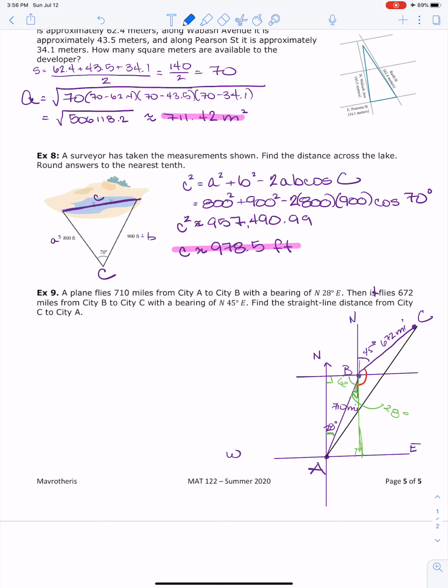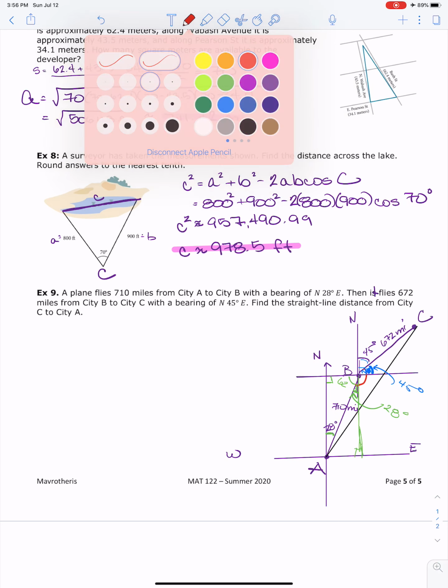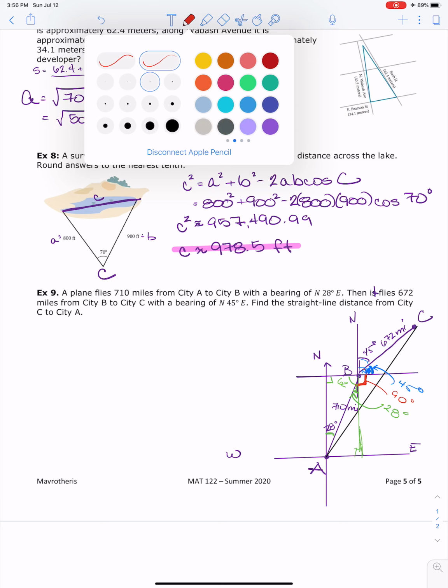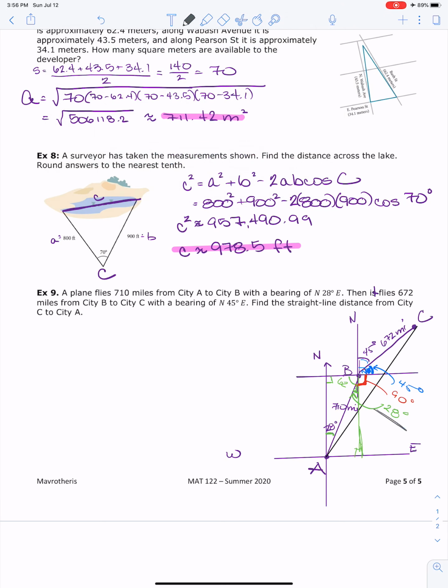From city B to city C, I know that this is a right angle here. If I've got 45 degrees here, that means this part in here is also 45 degrees. And then this last chunk is going to be a 90-degree angle. So we can add those all together, and we've got this angle in here, 45 plus 90 plus 28 is a 163-degree angle.